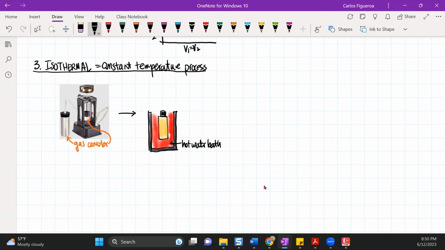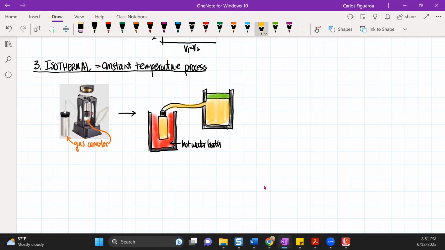So now I've got to set this up into my piston. You can see that I have hoses, so I'm going to take my hoses and connect them to inside the piston. In other words, I still have my piston right here, and here's my piston walls, and then I have my piston head, which contains the gas. The gas is able to flow with both of these in here.